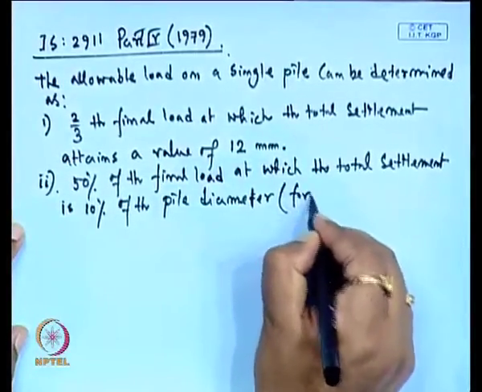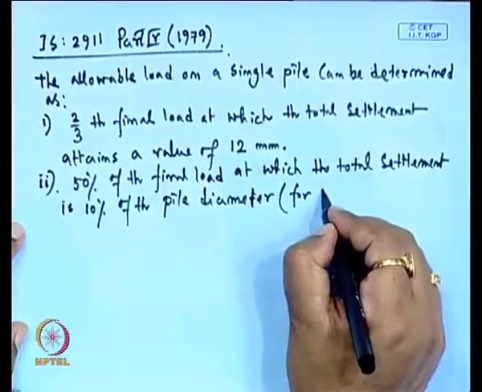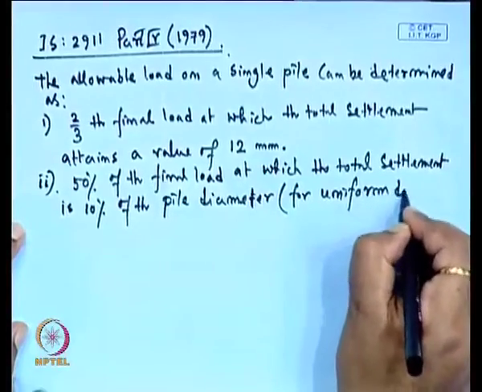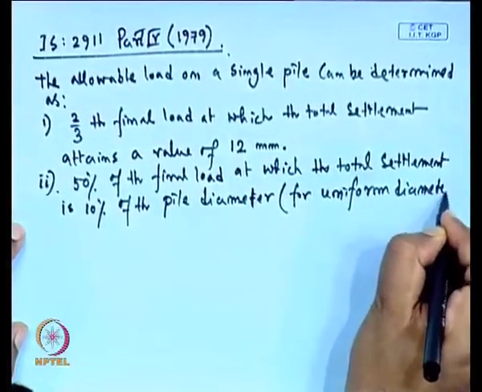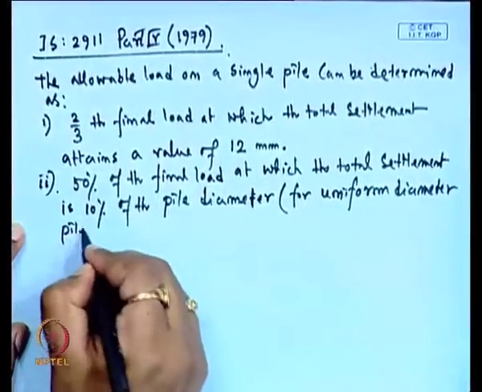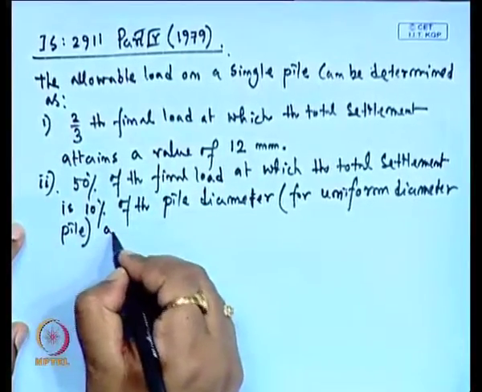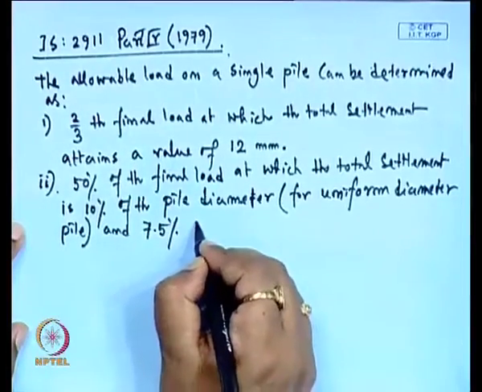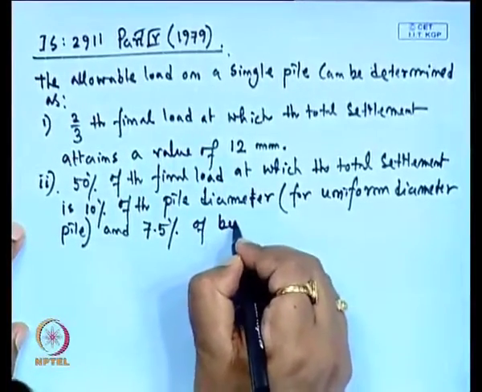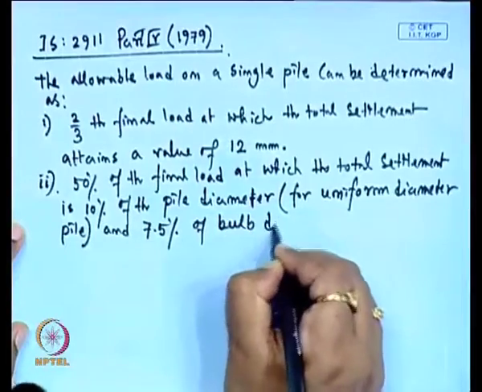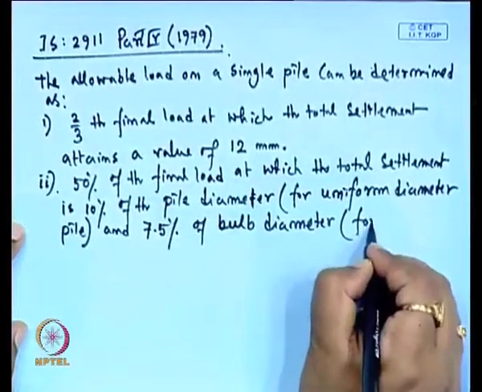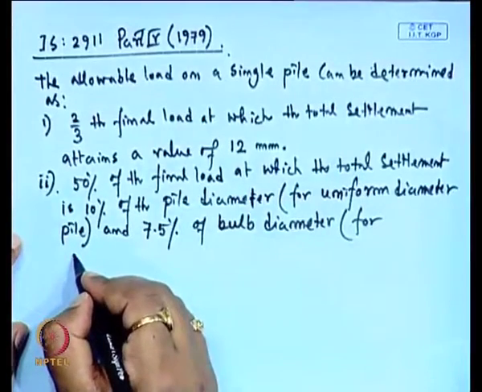This is for a uniform diameter pile, and 7.5% of the bulb diameter is for an under-reamed pile.